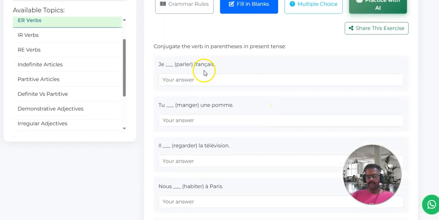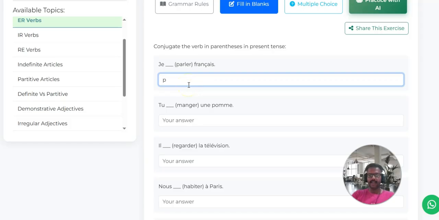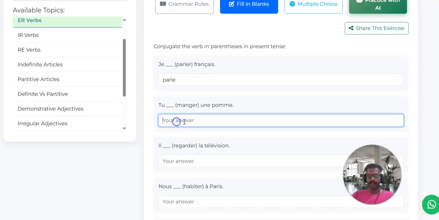Since here the subject is je, it means I, so I conjugate it like je parle, with an e, because I know that with je I have to add an extra e. Je parle. Now manger: tu manges, with es, same root, mang, and then the ending is es.